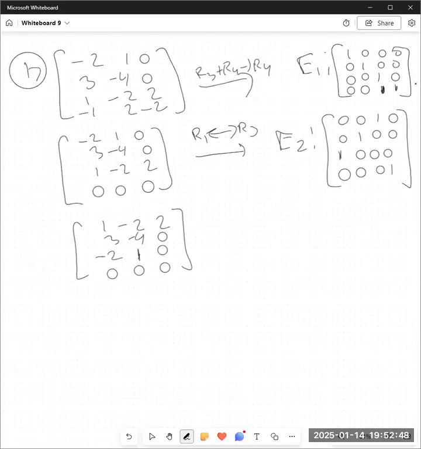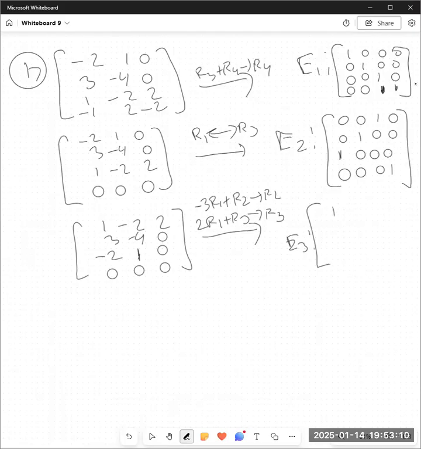We're going to use it to get zeros beneath it. I can do more than one step at a time and get an elementary matrix here. So -3 row 1 plus row 2 to make a new row 2, and 2 row 1 plus row 3 to produce a new row 3. We can take care of those both with one elementary matrix here.